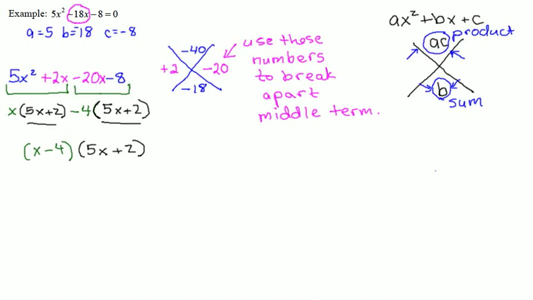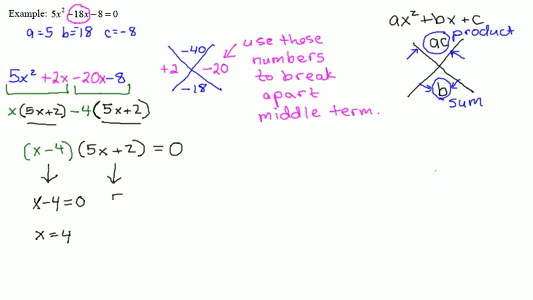Now recall that we are solving an equation, so we still have this whole thing equal to 0, and we're ready to do that last step, which is setting each factor equal to 0. X minus 4 equals 0, we may have caught on by now that it just changes sign when we solve it.